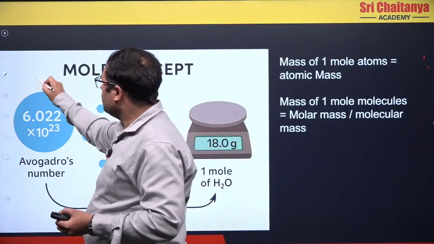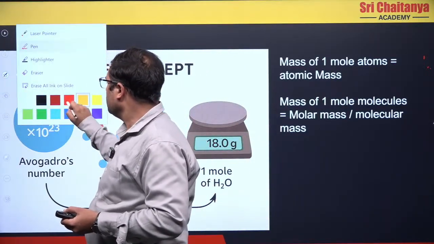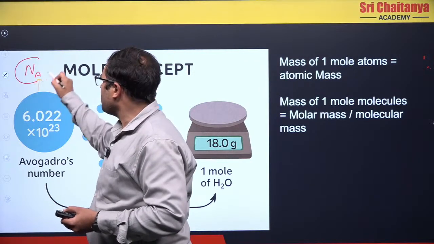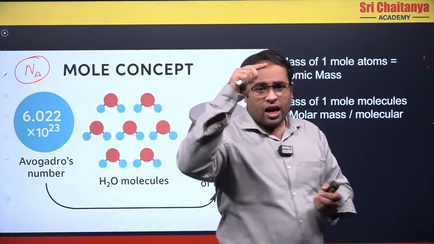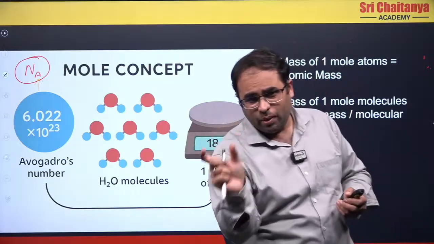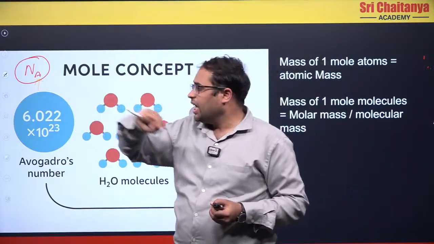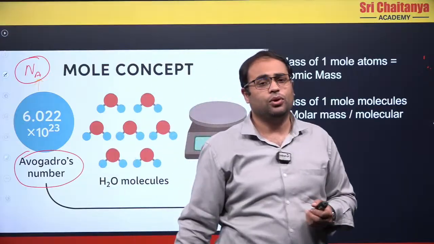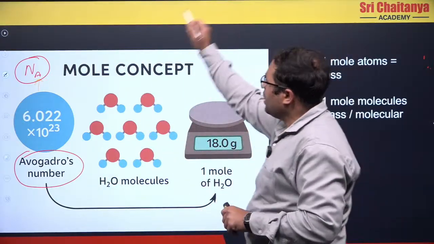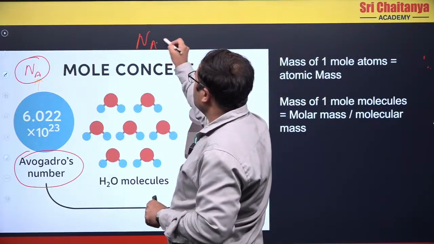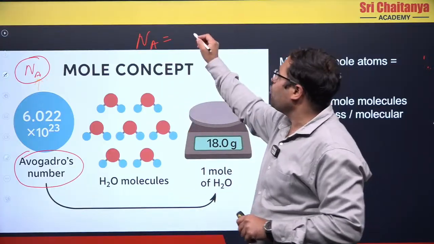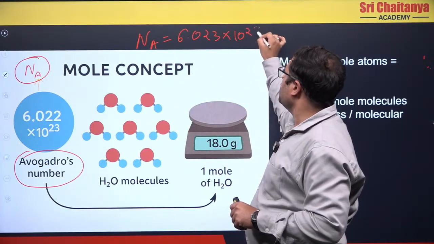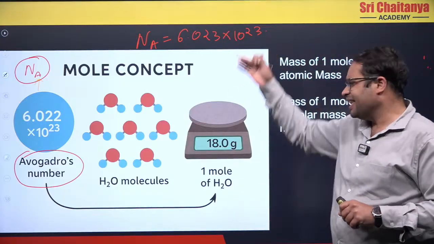This number is represented by the letter N subscript A, a capital N, and below it you write capital A. This is called Avogadro's number. So whenever N_A is written, that is your indication that I'm talking about 6.023 × 10^23.